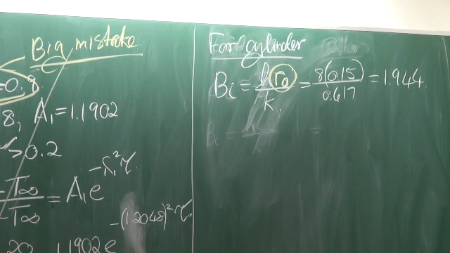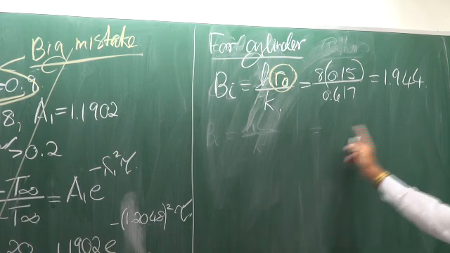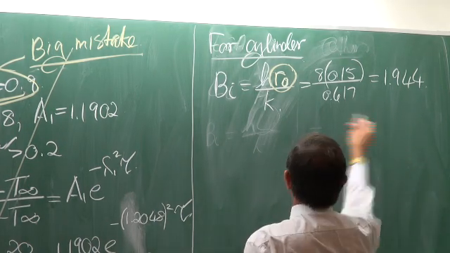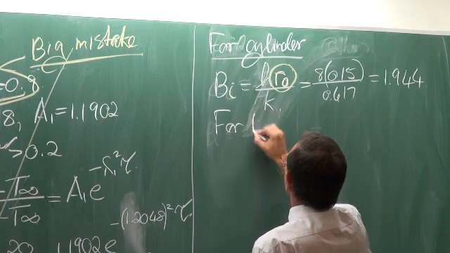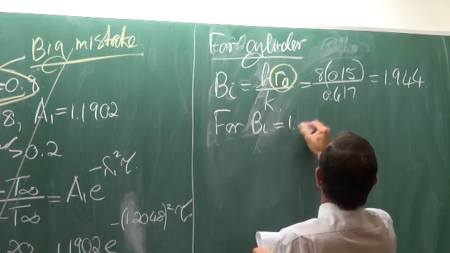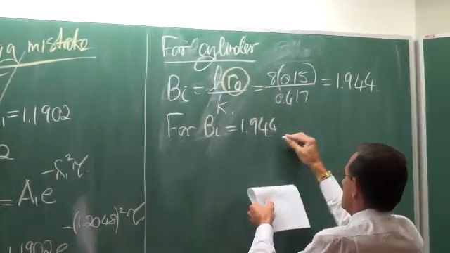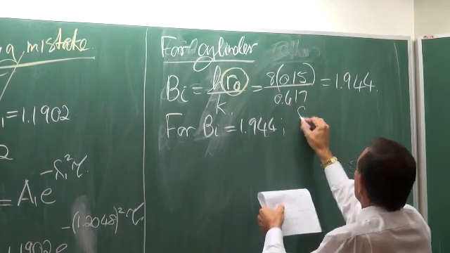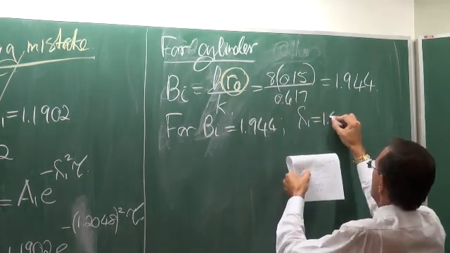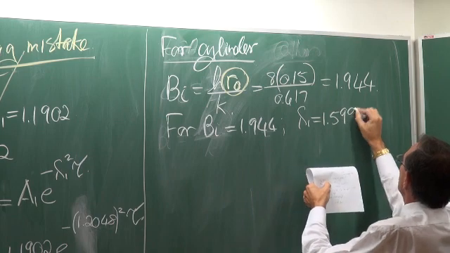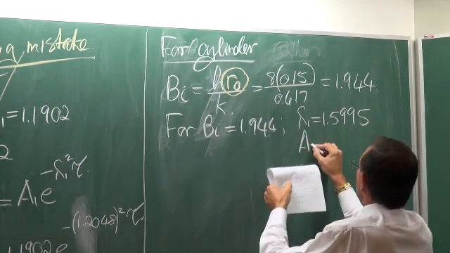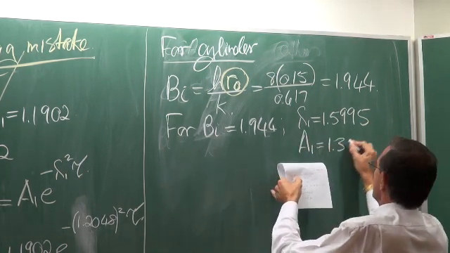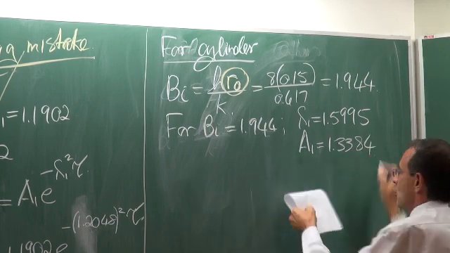So it's going to have a huge influence on your calculations. Right. So for that Biot number of 1.944, I can go and get lambda 1, which is equal to 1.5995, and A1, which is equal to 1.3384.